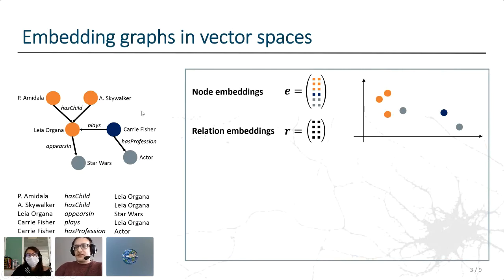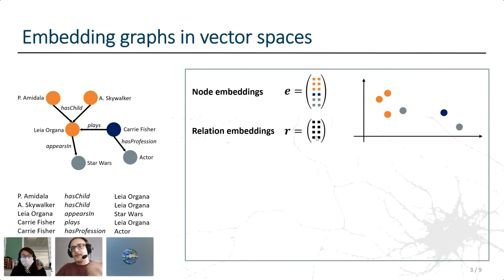So for each node in the graph, we'd have a list of two-dimensional vectors, each vector being the new token that we use for this node. And we do the same for the relations, where each relation type is represented by a vector or something else, like a matrix.